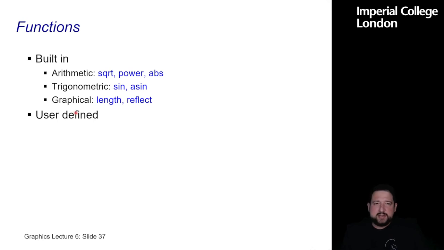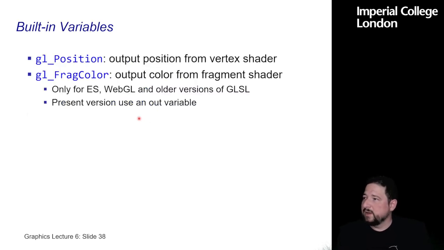There are entire cheat sheets about what's available, but the basic stuff is all there: square root, power, sine, cosine and so on, but also some basic graphics functions already, something like length and reflect. And reflect is already implementing a reasonably complex dot product operation, but it does it in one go. So this is highly useful if you do graphics computations.